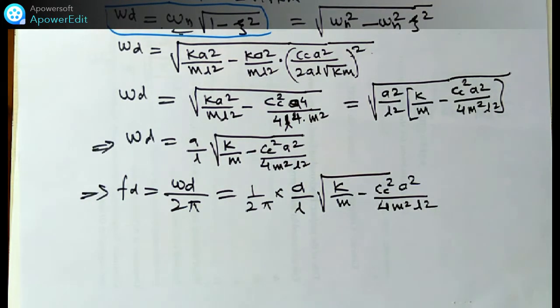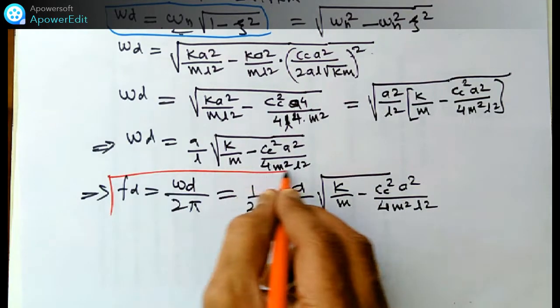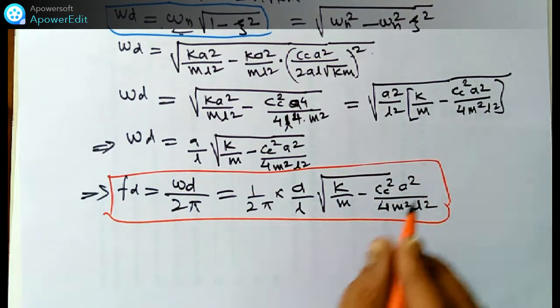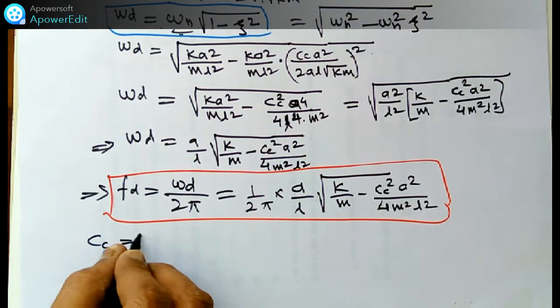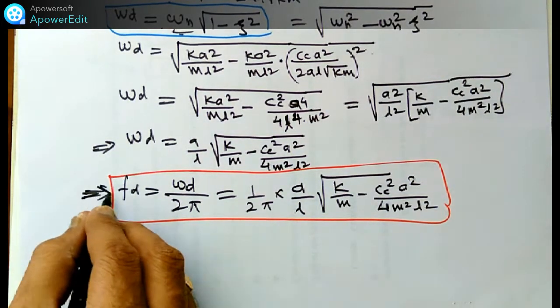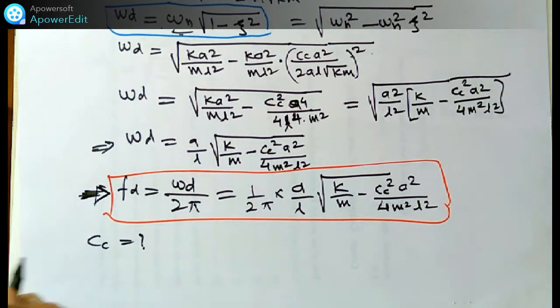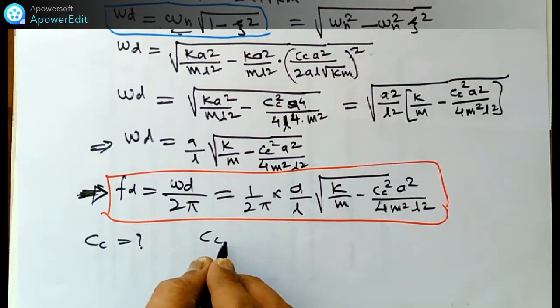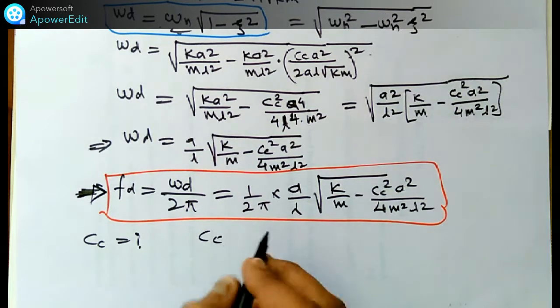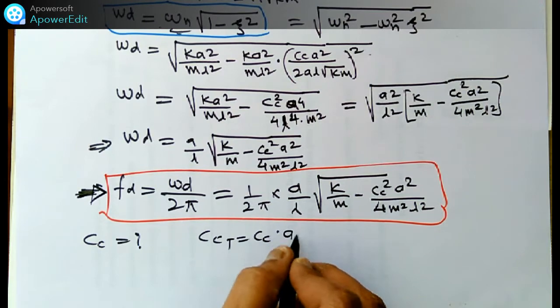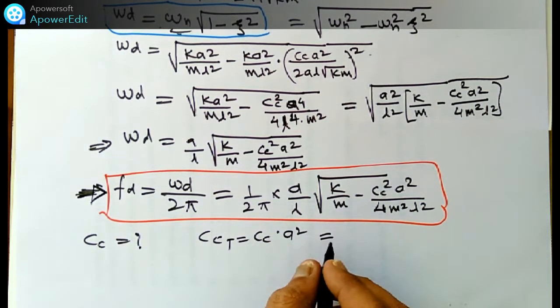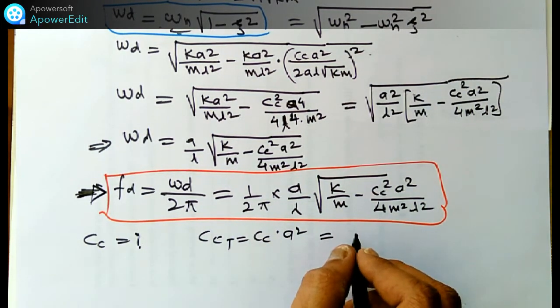Now we have to calculate the value of Cc. The frequency we have already calculated; the Cc we have to find out. We know the relation of Ct, already written: Ct is equal to Cc into a square. As we know this, putting the value of Cc in this one, what is the 2aL into under root of Km?